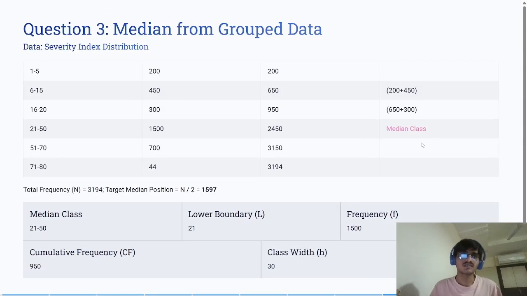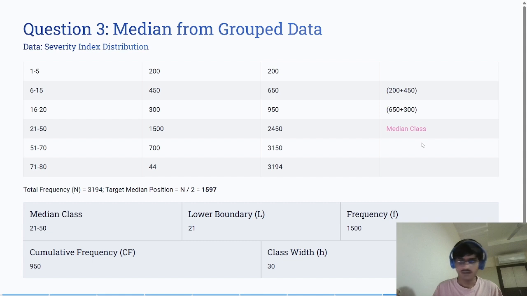Now coming to the third question, which is about median from grouped data. Let me read the question. It asks to compute an approximate median severity for the complaints provided in the columns.